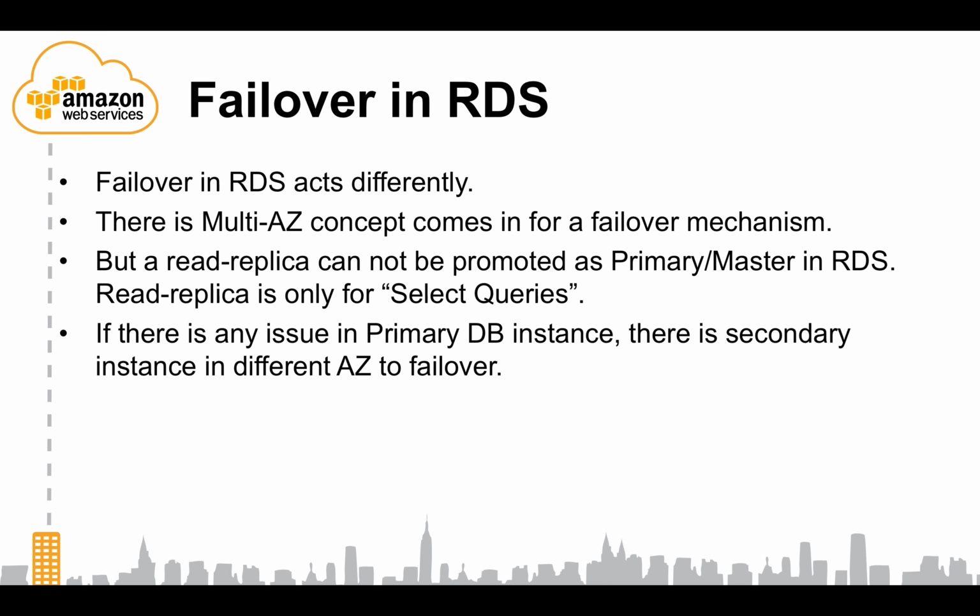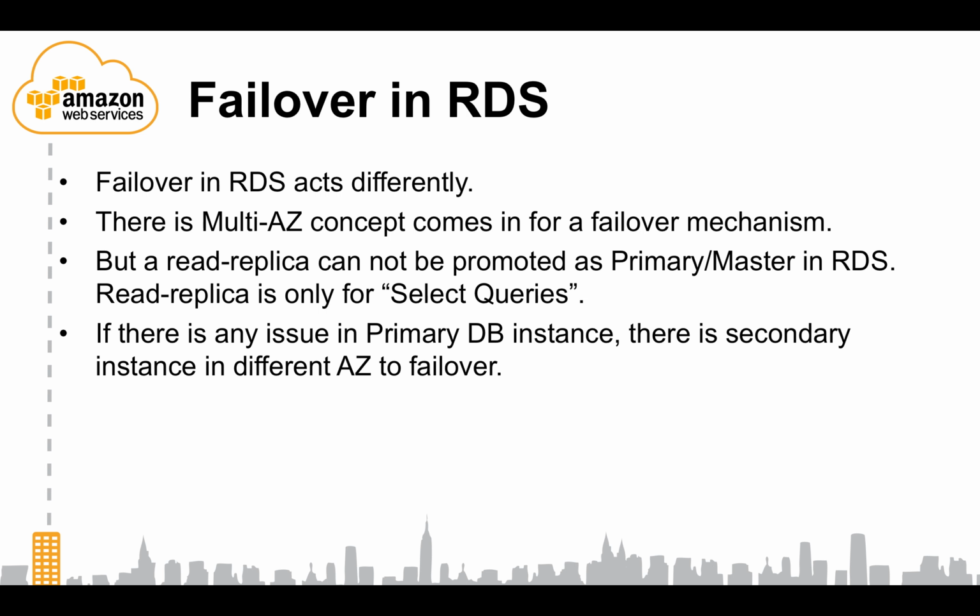To the failover server, the second server where a failover is done, you don't have access. Instead of that, you have something called a read replica, which is a replica of the master. But you cannot do a failover from master to a read replica.